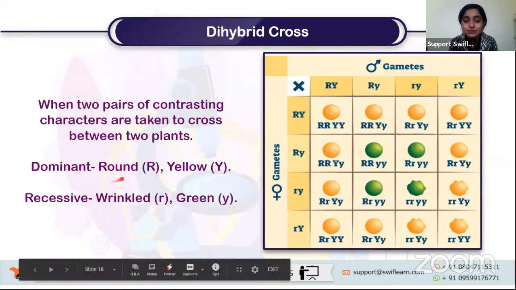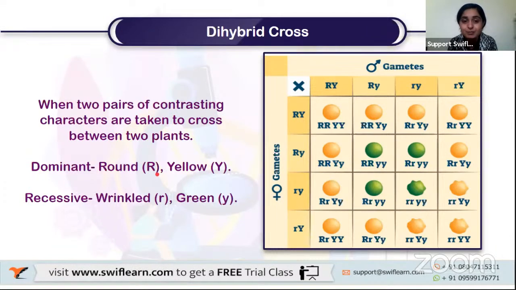So if you see, the round and yellow, if you remember, were the dominant traits, right? So they are represented by capital R, that is for round, and capital Y for yellow, right? Recessive traits were wrinkled, that is by small r, and green by small y.